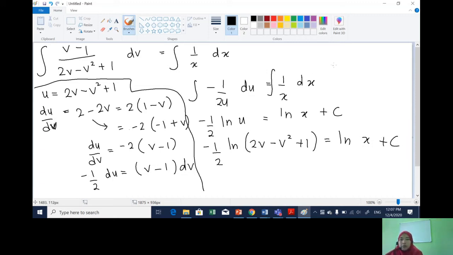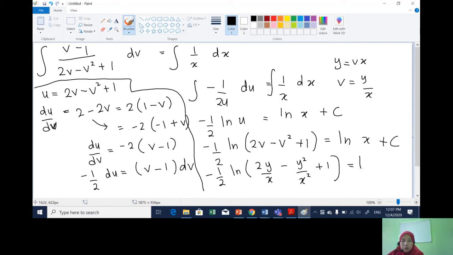Remember that just now we used the substitution y equals vx for the transformation, so we have v equal to y over x. Here our form for v changes to y over x. So we have negative half ln of 2y over x minus y squared over x squared plus 1 equal to ln x plus c.